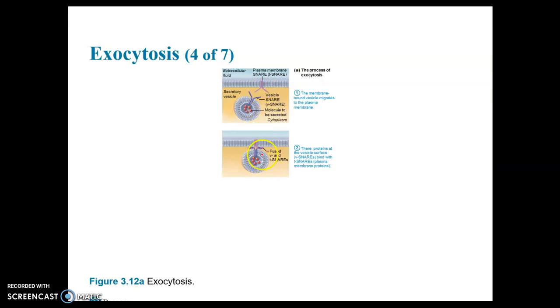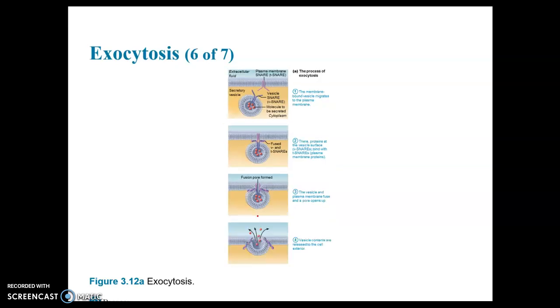The V and T snare proteins are going to fuse. Notice they wrap their ends around each other. Then a pore is going to form, and it's going to cause an opening to the outside of the cell. And then the material that's secreted or released by exocytosis is now released to the exterior of the cell.